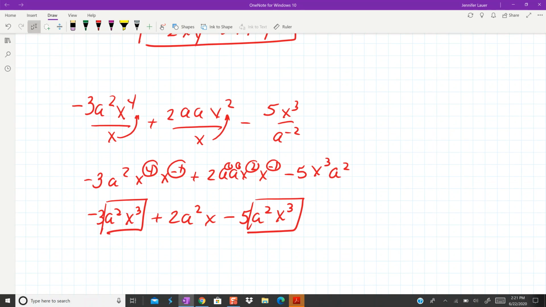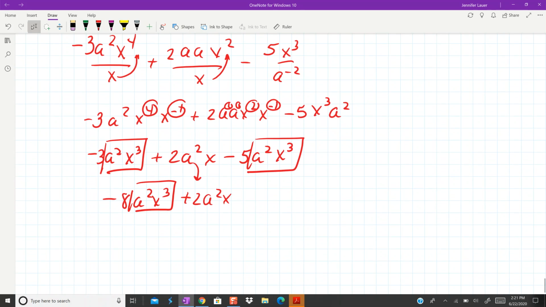So I can say negative 3 of the little combined group a squared x cubed minus 5 of the little combined group a squared x cubed is going to be negative 8a squared x cubed. And then I'm just going to bring this down because I cannot do anything with it. And then we'll just write out our final answer without that big old square around it.